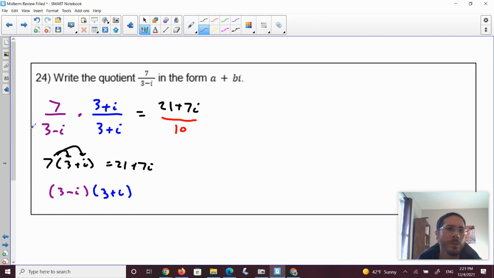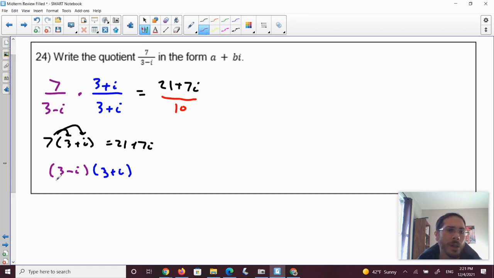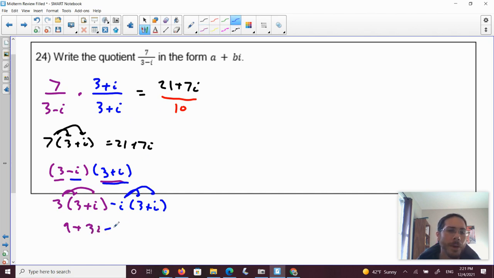We will go through it, though, like we did on the previous quiz. The way that we solved this, we did go the long way. We said 3 times 3 plus i minus i times 3 plus i, which gave us, when we distributed, 9 plus 3i minus 3i minus i squared.